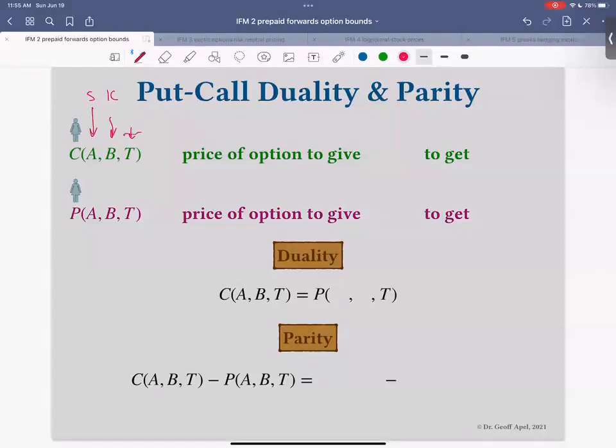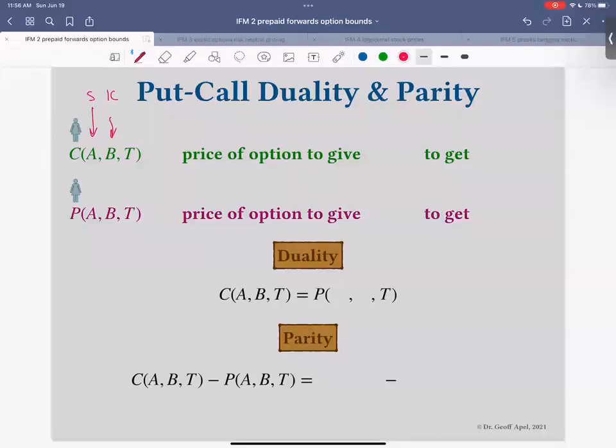So, how do we want to think of a call? If it's a stock and a strike, we know the definition: it's an option to buy. If the stock goes above the strike, we're going to buy the stock for the strike. If you think about what we give and what we receive, in that case we would pay the strike to get the stock.